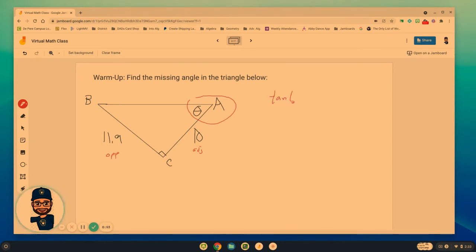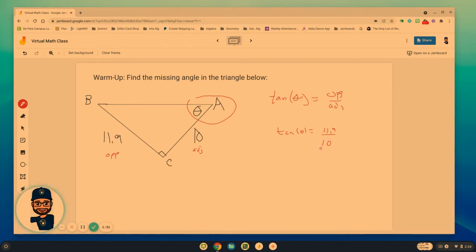So tangent of theta equals the opposite over the adjacent. Opposite over adjacent. TOA. 11.9 over 10.